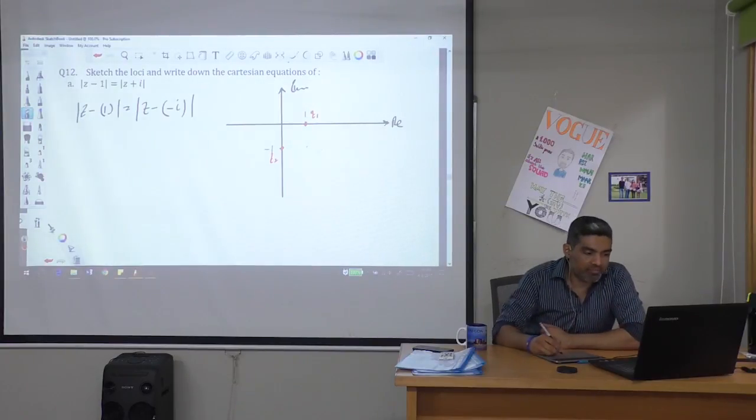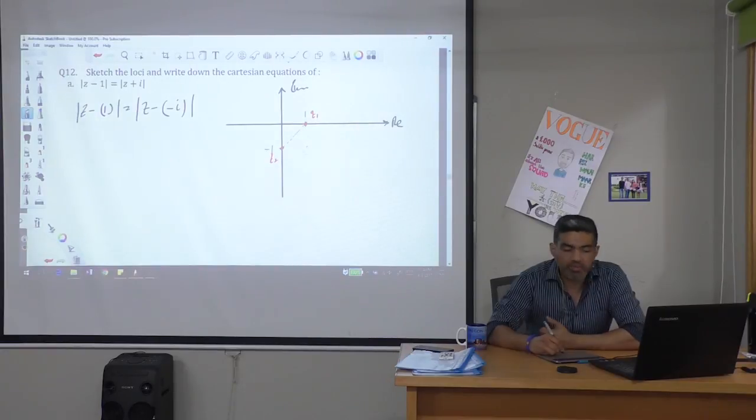And I need to find Z where Z would always be the same distance away from Z1 and Z2. So it's going to be the perpendicular bisector of the line joining them. Make a dashed line between Z1 and Z2, and then the perpendicular bisector, and I'm sure everyone can realize that the perpendicular bisector is going to pass through the origin. So it's going to be something like this.